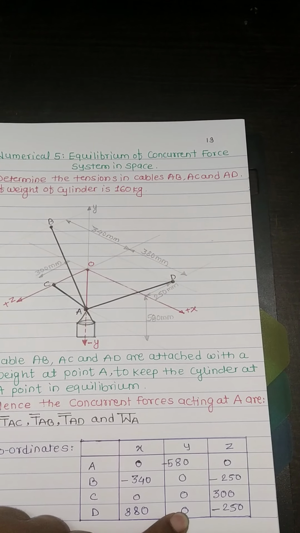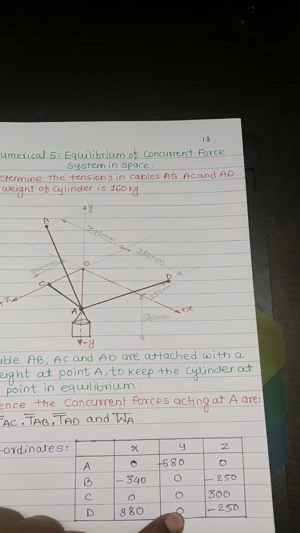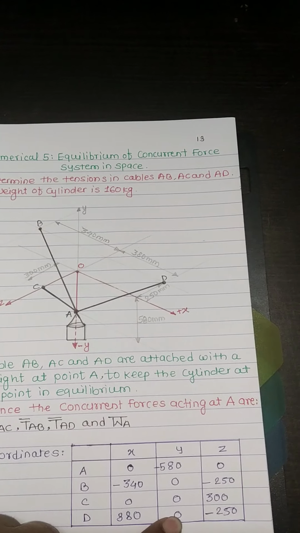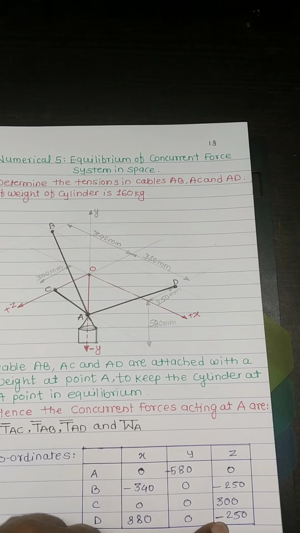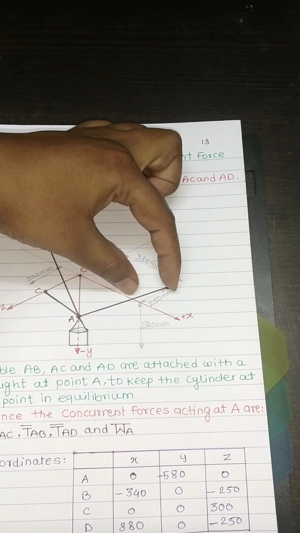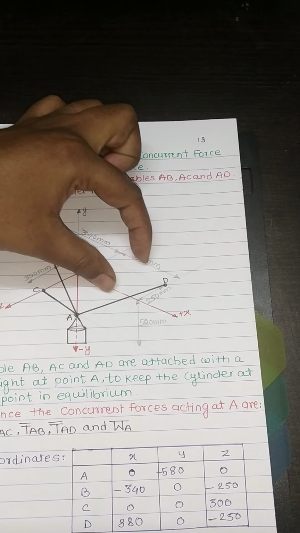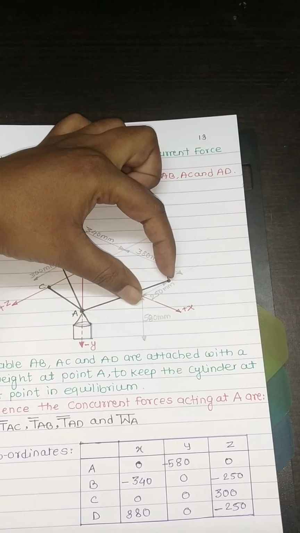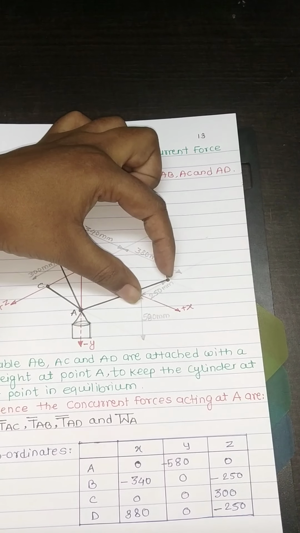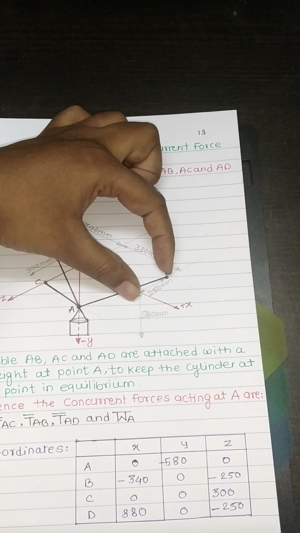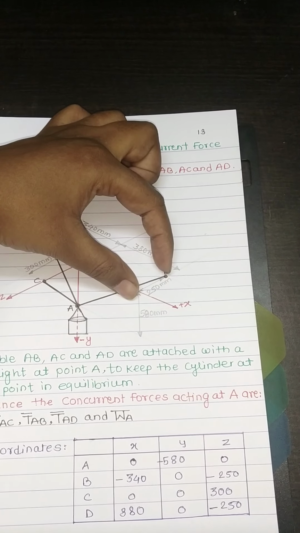The y coordinate will be 0 because the point is defined between negative z and positive x. The z coordinate will be parallel to the z-axis. So the coordinate of point D is minus 250 along the z-axis.